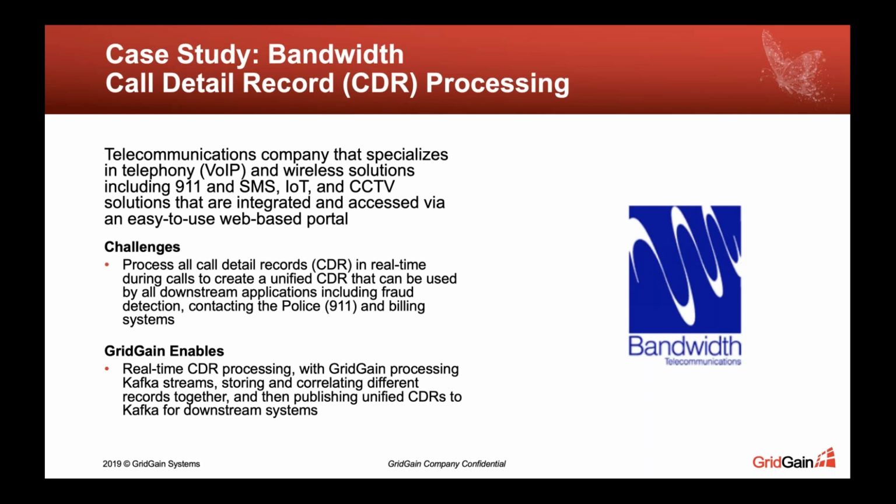In their case, they had one specific challenge with their streams. They wanted to create a unified call detail record and all the information about that call and the customer that they could stream down to other applications that they wanted to build, like a 911 application where the police needed information about that customer, or a unified billing system.